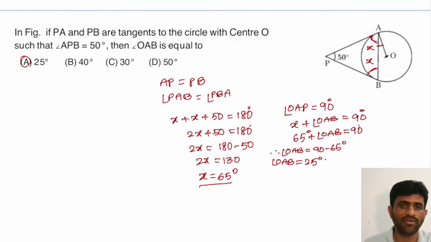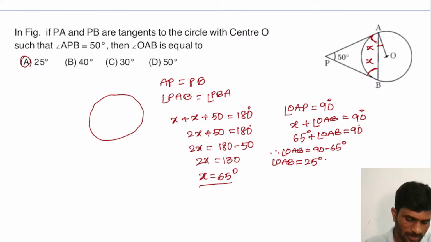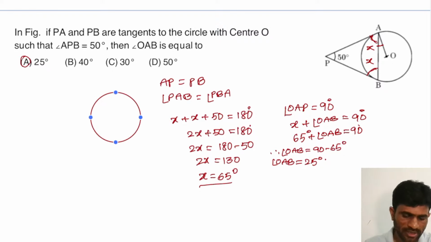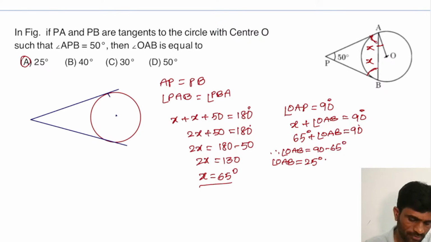Okay, let's draw one more circle here to remember this clearly. This is the circle. This is one tangent. This is one more tangent. This is the radius.